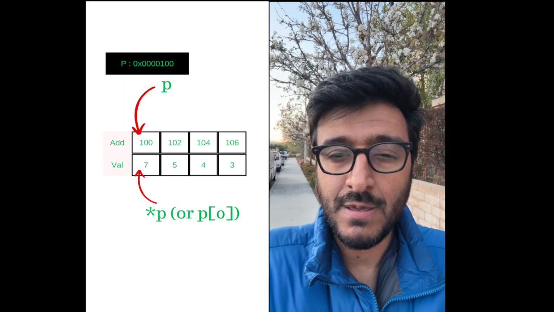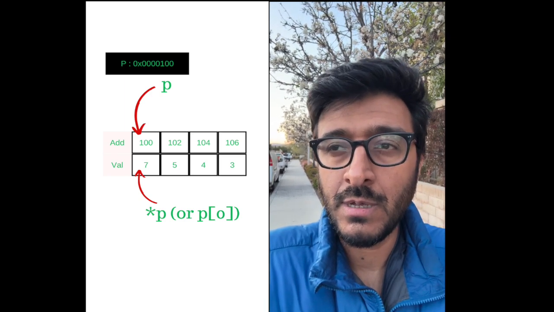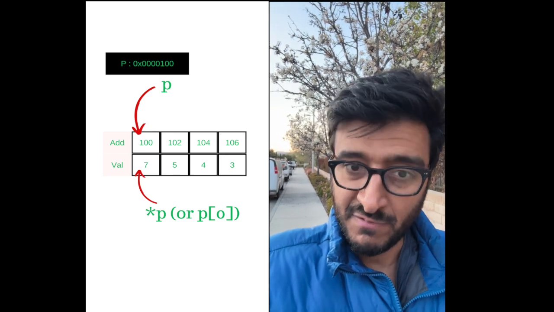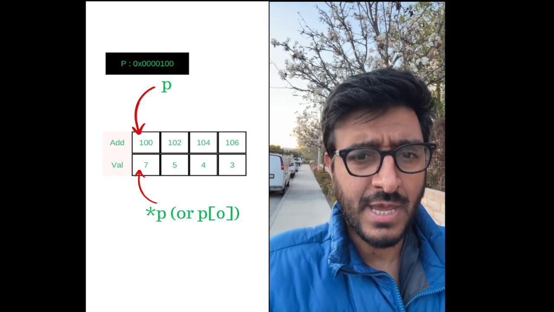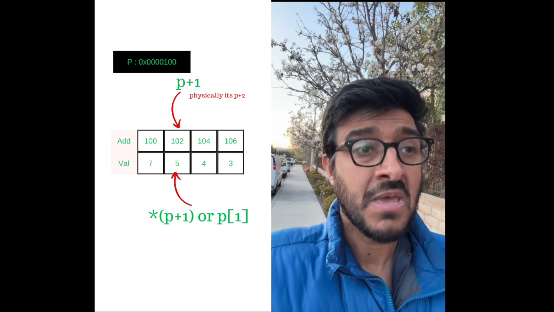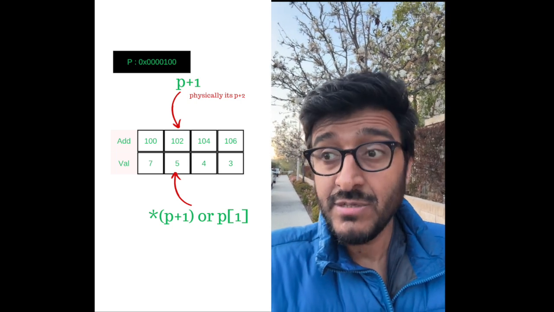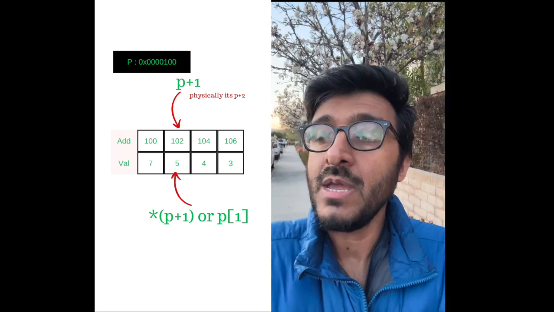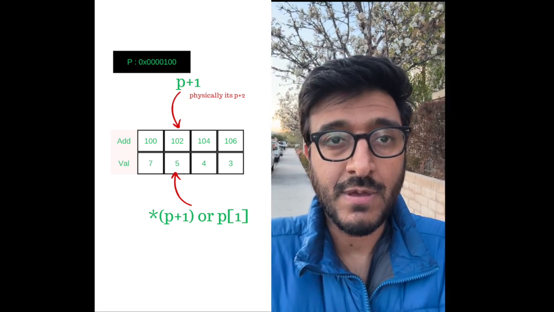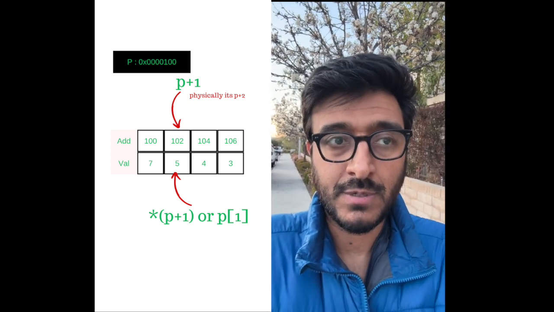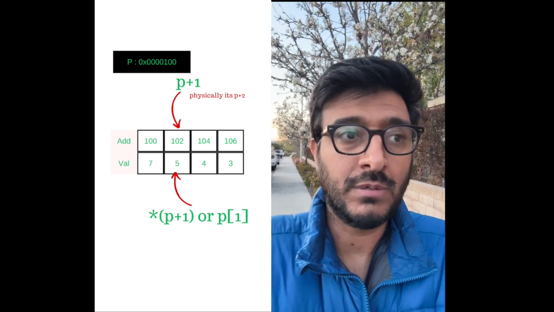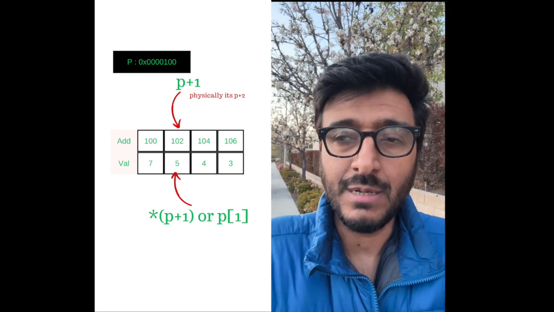Then what is array sub 0? It's basically the first location. But what is array sub 1? It's technically identical to saying p, which is the pointer, plus 1. In both cases, p plus 1 and array sub 1 will give you the second element.